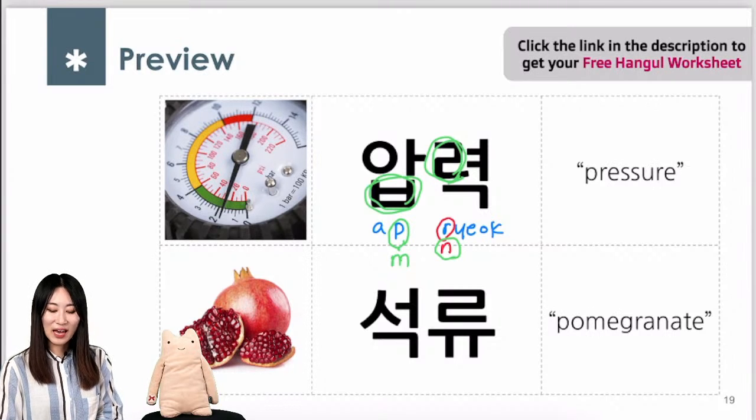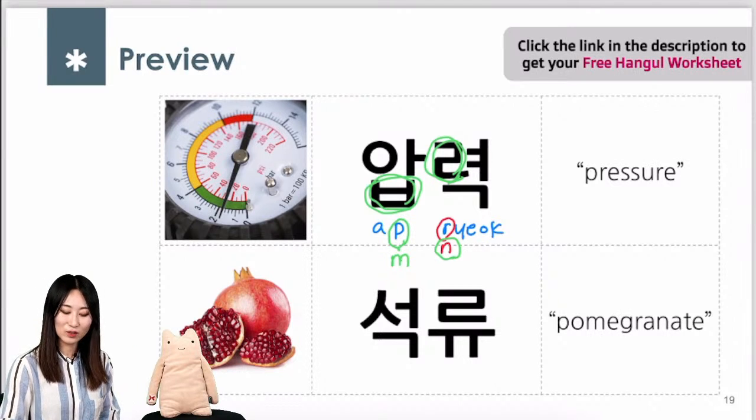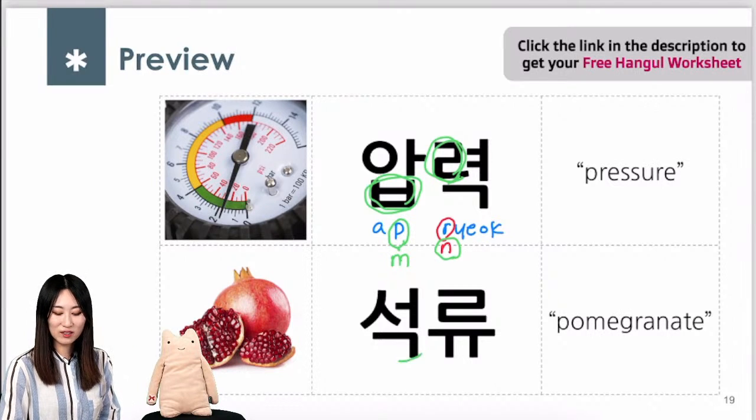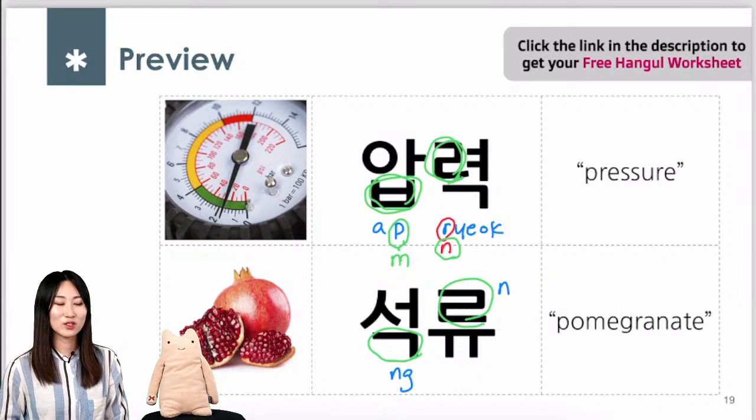How about the last word, pomegranate, the fruit? So now you can kind of guess, right? The air blocking sound and this real sound. So you pronounce the nasal version. The nasal version here is like NG, and the nasal version for this is like N. So it's like 석류, 성뉴.